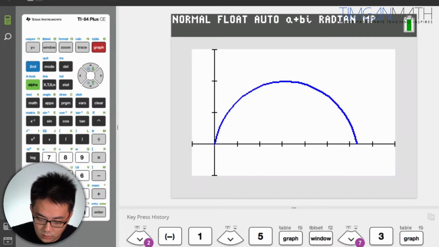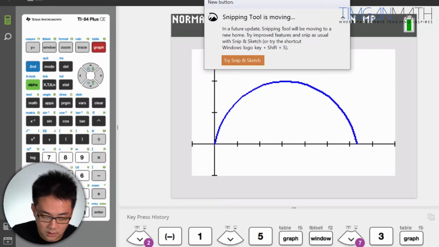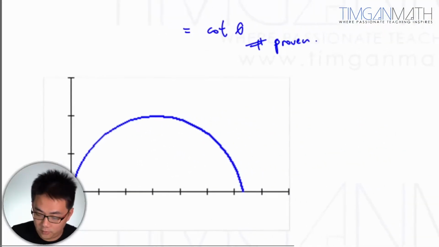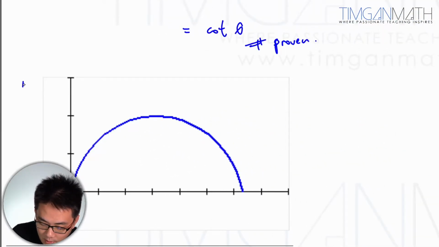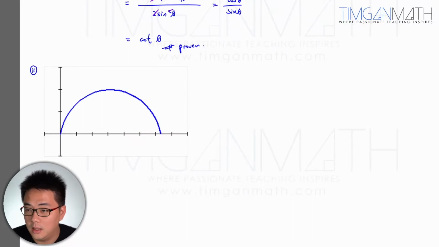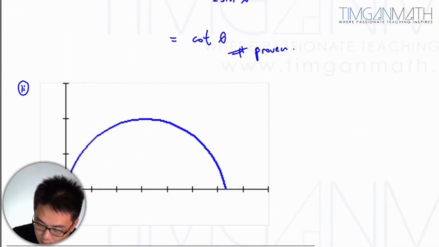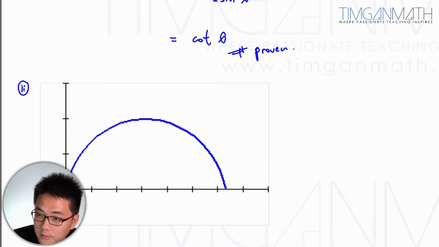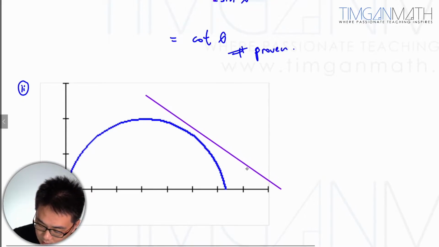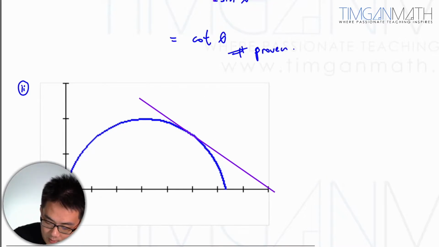So you are told to show, okay, I'm just going to take this graph out. So for this second part, what we need is the point where theta is alpha, and the normal meets the x-axis at point A. I'm not sure about the normal, so I'm just going to randomly take one point, which is this point here, and this is where theta equals alpha, right?